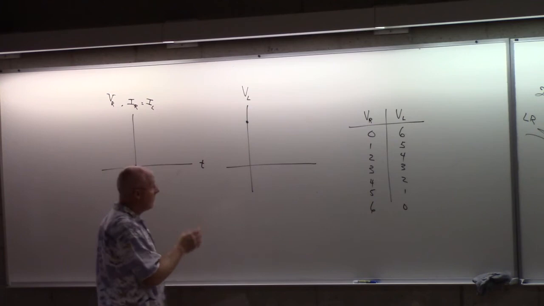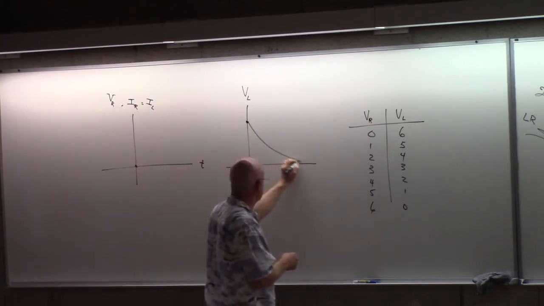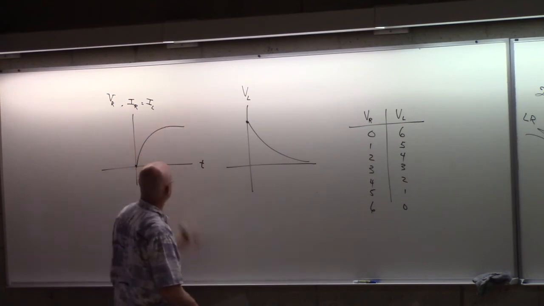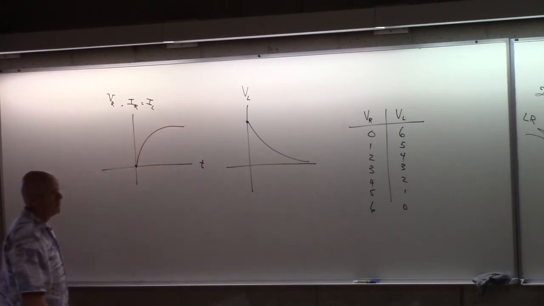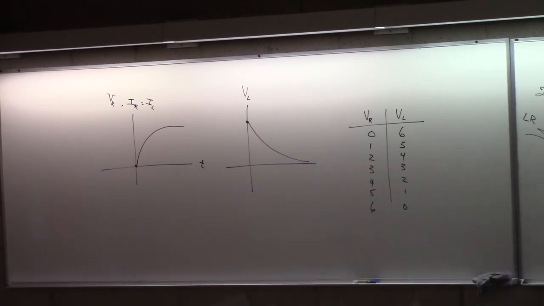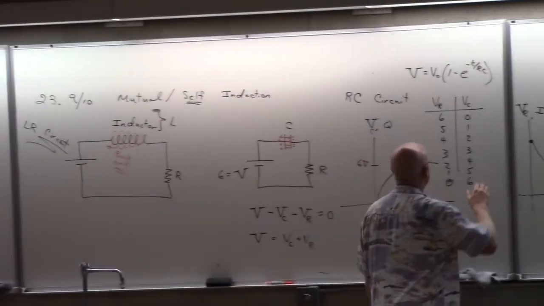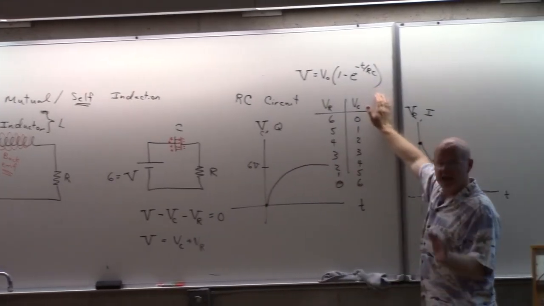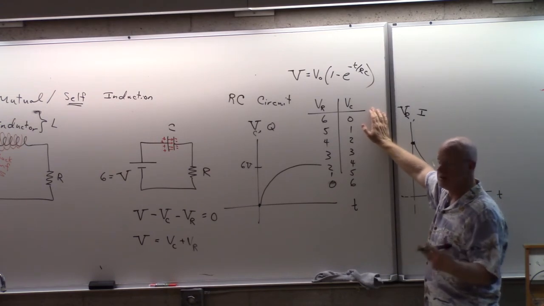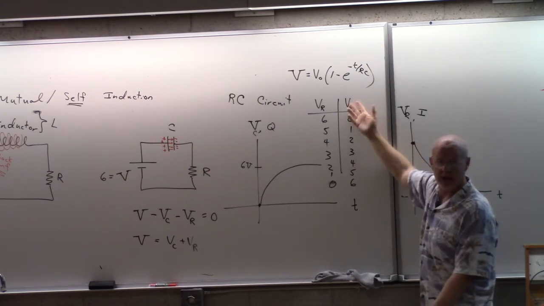And so if I made a plot of this, I would have this exponential factor. And so without taking the time to do the calculus again, if you remember, we did a discharging capacitor. In fact, we did all the math on the discharging, and then I said, well, the charging was kind of like it, and we just didn't have time, so I gave you the answer.